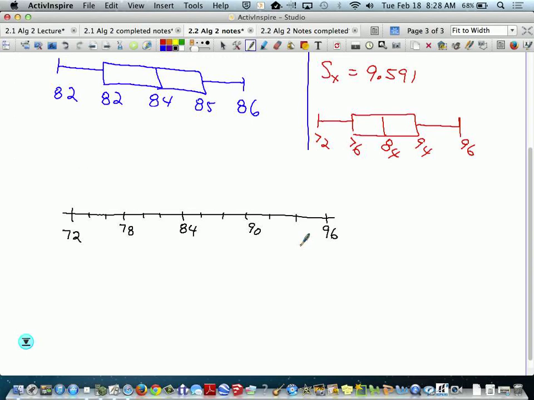Okay, here we go. So the blue one, I would put my 82 is here. Is that really 82? Yeah.